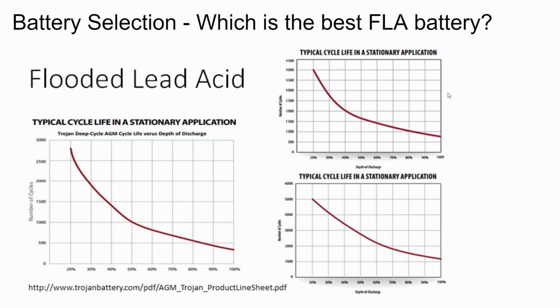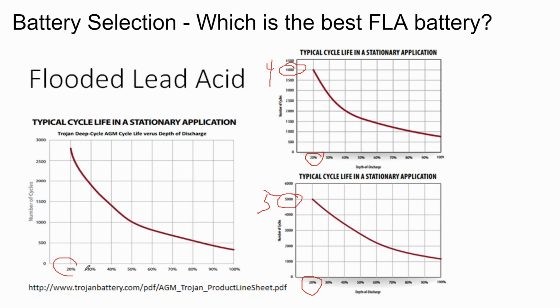What I think is interesting about these three charts: here's one where at a 20% depth of discharge, the battery's rated for 5,000 cycles. Here's a different one at 20% where the battery's rated for 4,000 cycles. I know those are a little bit hard to read.